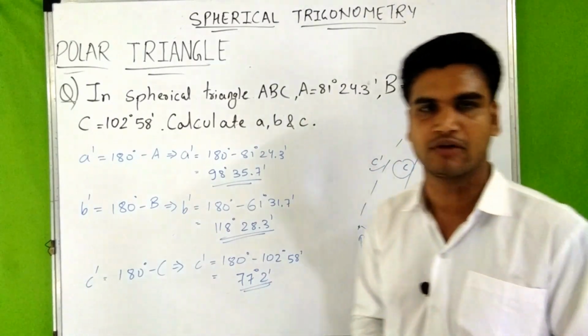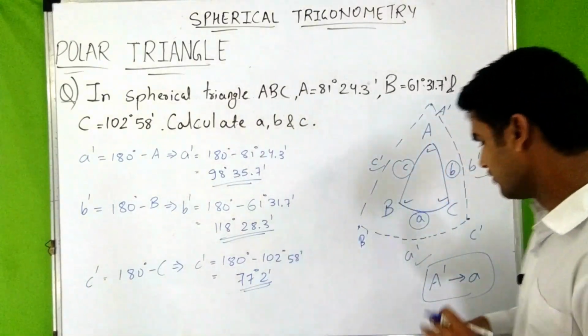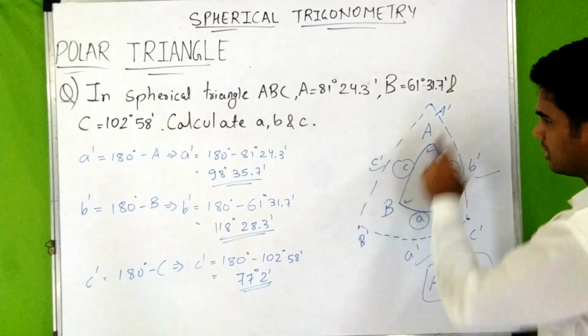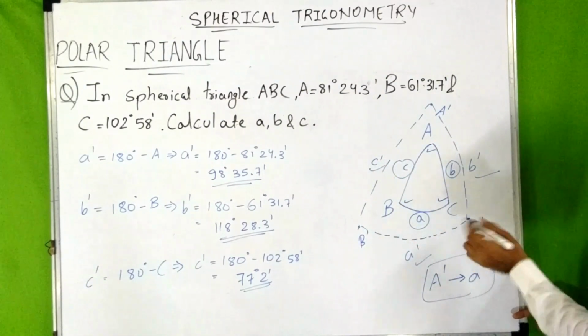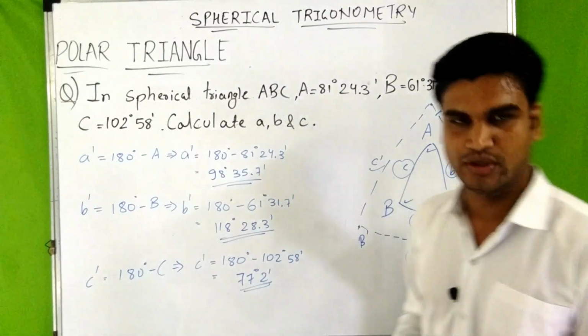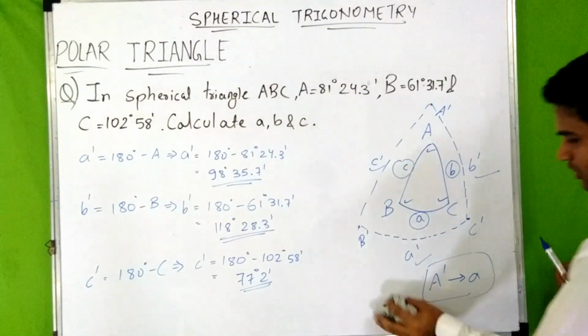So first we will calculate the values of capital A dash, capital B dash, and capital C dash, that are the angles of the polar triangle, with the help of cosine rule.